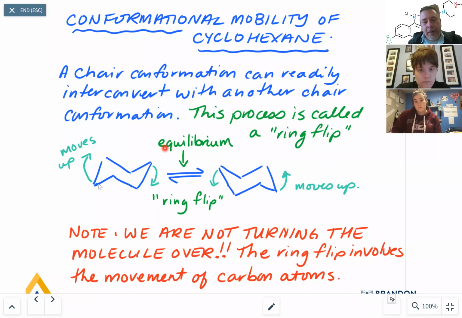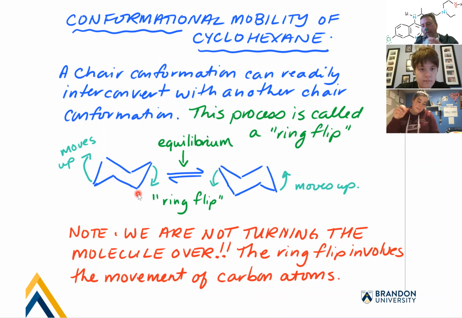So the act of moving this carbon up and this carbon down, or this one coming down and this one going up, interconverts these two chairs. We call this a ring flip. In the course of a ring flip, everything that was axial becomes equatorial, and everything which was equatorial becomes axial.